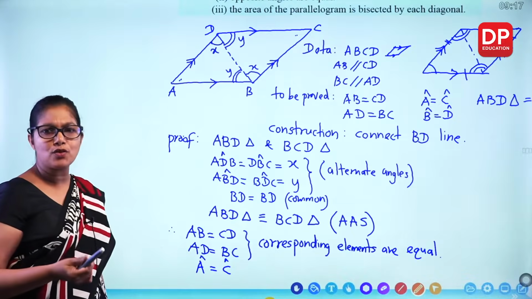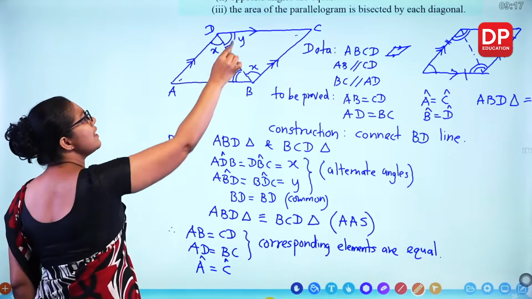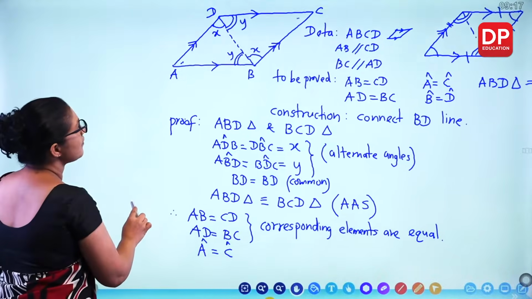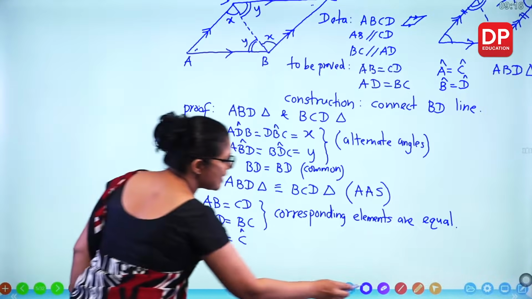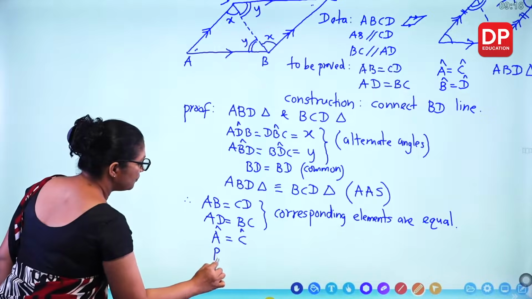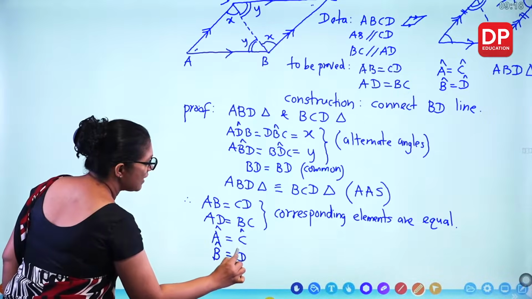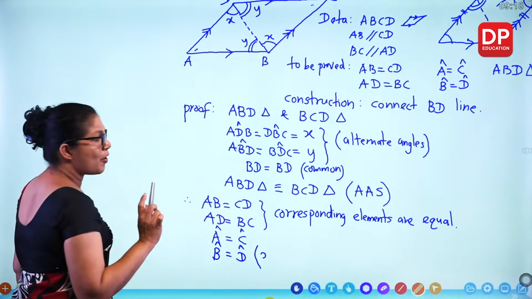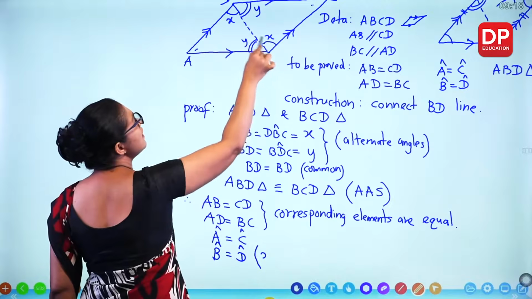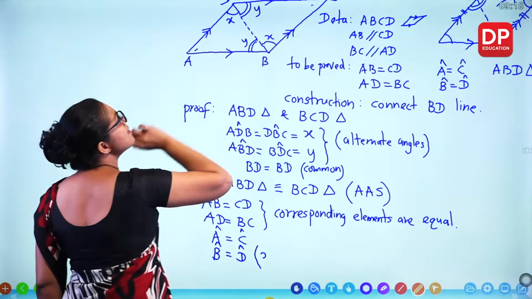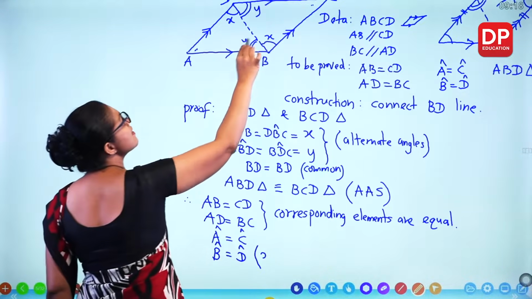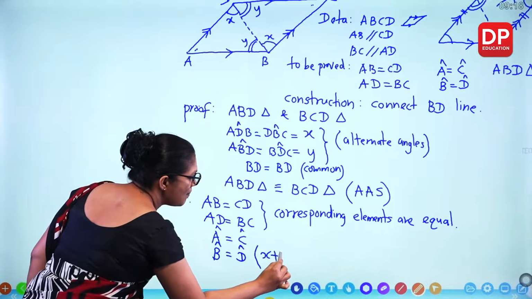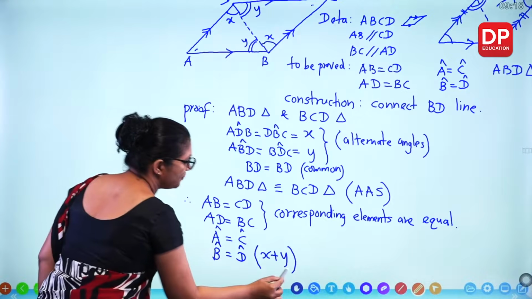According to this one, x plus y. Here also x plus y. So again we can write angle B is equal to angle D. That's not from corresponding elements because this is not an angle inside these two triangles. This is a separate one. So the reason is the sum is x plus y.